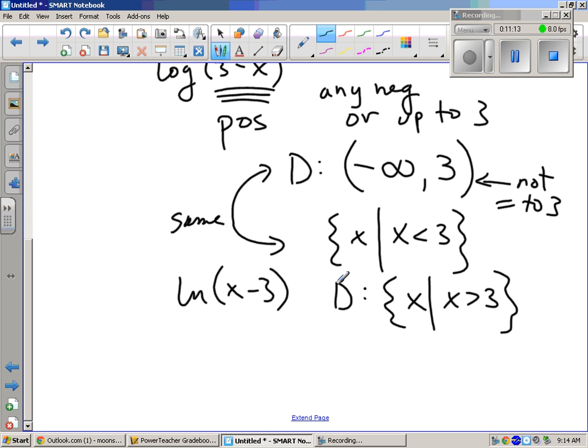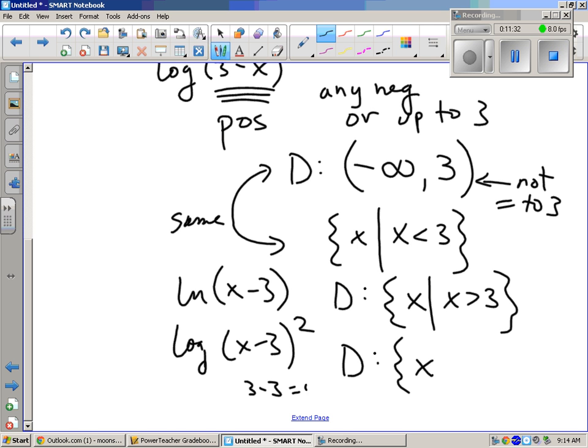Okay, or what if I had the log of (x minus 3) squared? When you square something, it becomes positive. So if I have to have positive, the only number that's not going to work is 3, because if I have 3 minus 3, that equals 0, and 0 is not a positive number. So we can say x such that x does not equal 3.